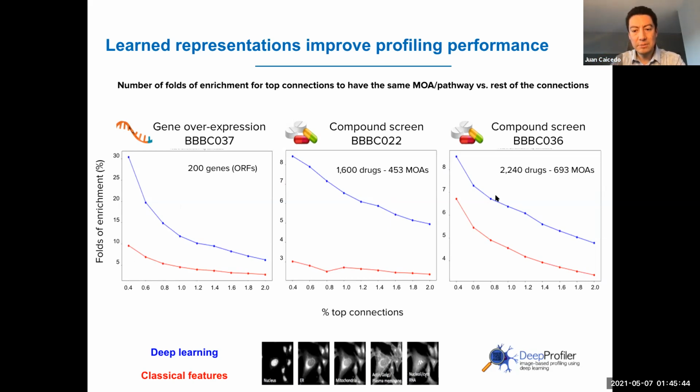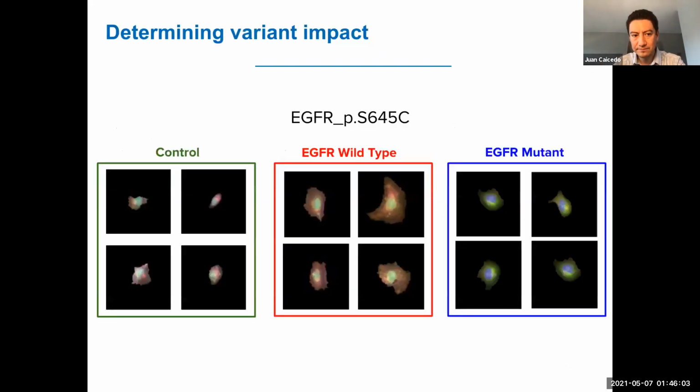And deep learning gives us an edge, a large margin of difference, connecting compounds especially. We have 1,600 drugs in this case, and we want to see if they are biologically connected or not, just by looking at the images. And these results are indicating that that is the case.